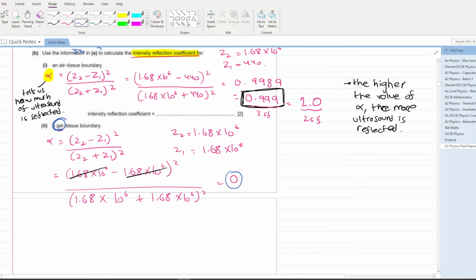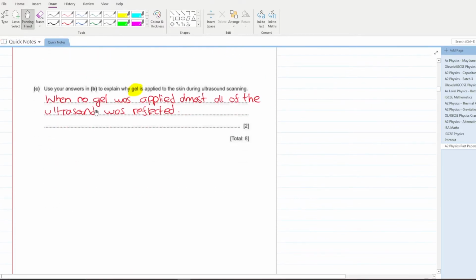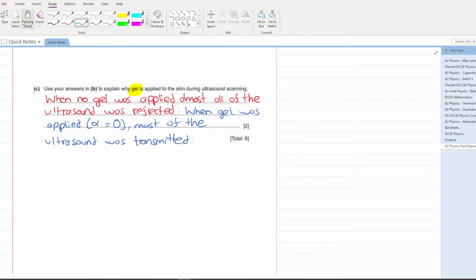So you will further write here that when gel was applied, alpha became 0 and most of the ultrasound was transmitted. Simple as that. Let's further move ahead.